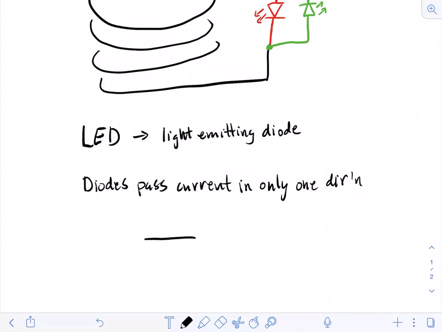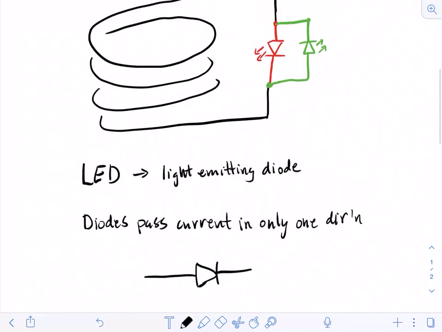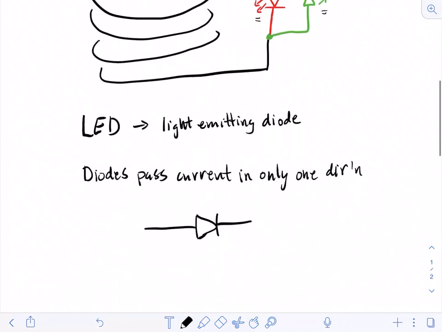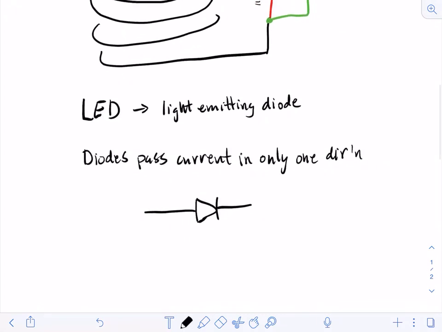So how it works is, the symbol for diodes that don't emit light is this triangle with a bar, and the little arrows in our LEDs indicate the light coming out. If we don't have one that emits light, then we just omit those little arrows.